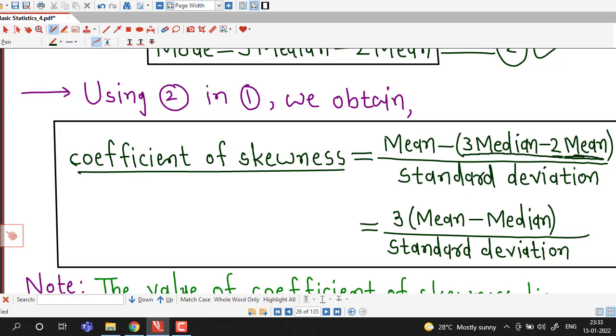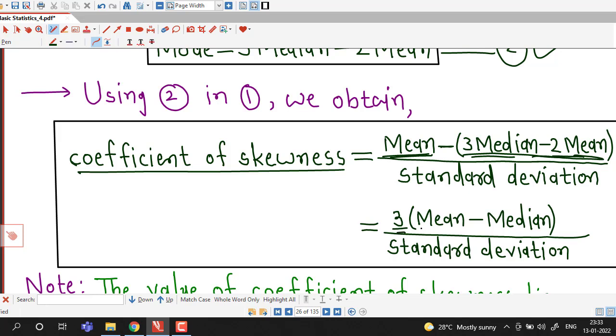This we write in place of mode divided by standard deviation, and if we take this negative sign inside the bracket, here we will have 2 times mean, and there is 1 time mean already. So there will be 3 times mean minus 3 times median, and we can take 3 common.